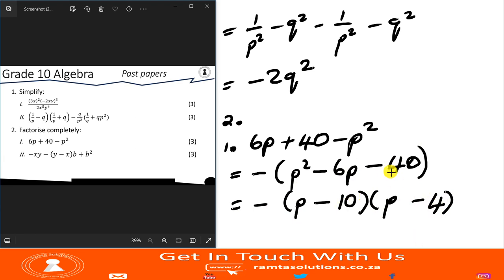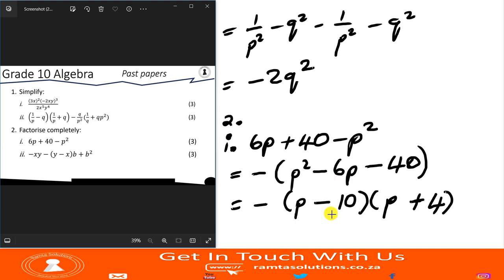As you can see, the constant is negative. Since the constant is negative, it means the bigger factor will take the sign of the middle term. What is the middle term? The sign of the middle term is negative. So this guy must be positive. This is it. We have factorized this question.